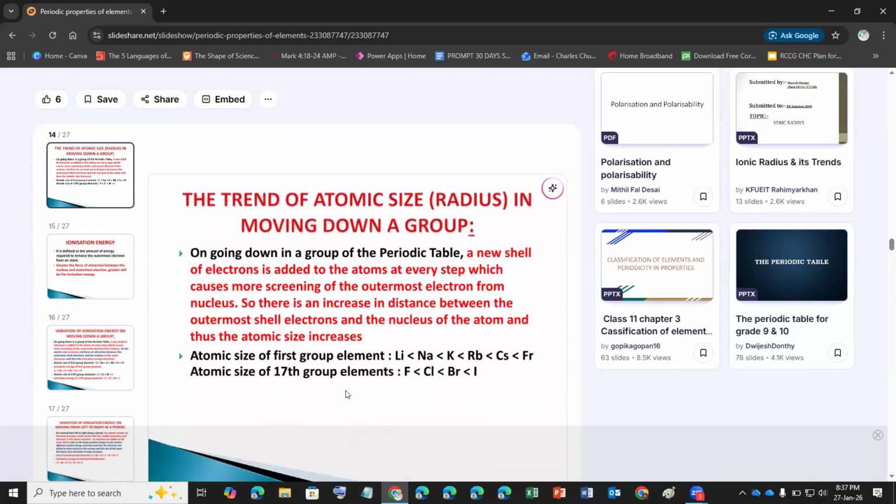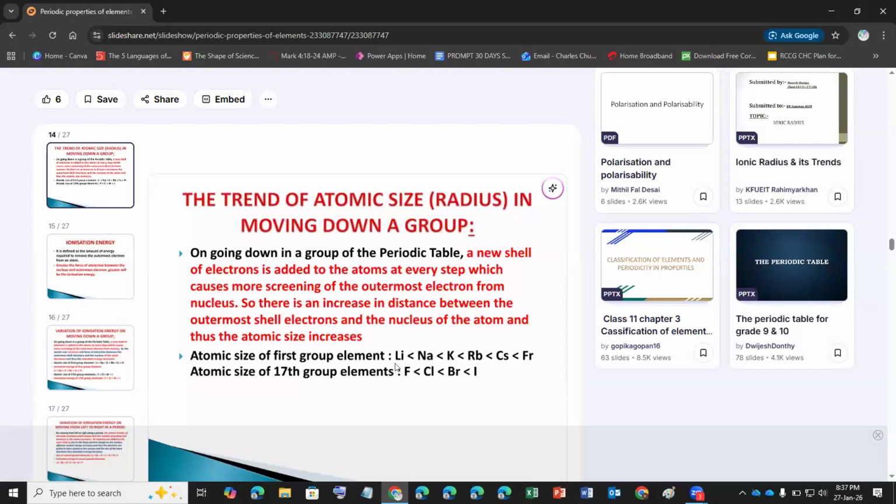Let's quickly use an example going down a group. So look at the trend for going down a group. Lithium's atomic size is less than sodium's, which is less than potassium's, which is less than, I can't remember that, RB, FR.